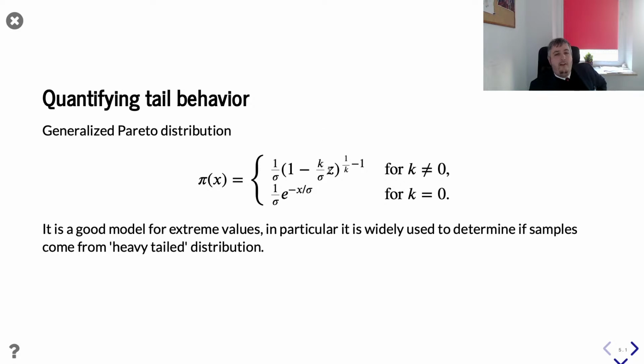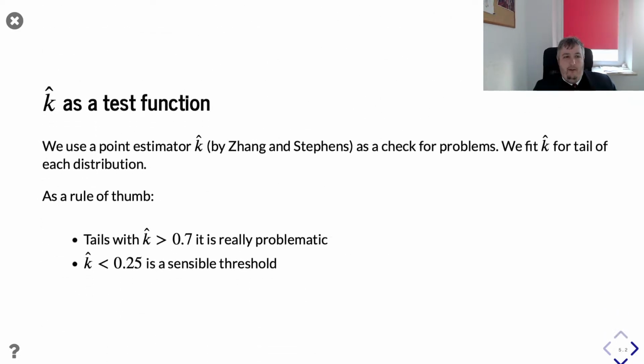So its probability behaves like the inverse of a power of a certain value. So it's like a power less than 1. And it can be a good model for extreme values, and it's very useful for diagnosis of our samples, to verify if our samples can be heavily tailed.